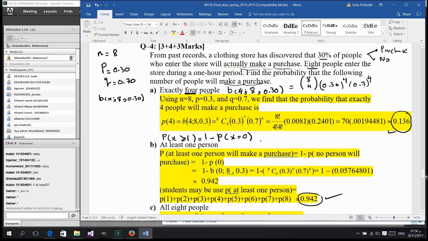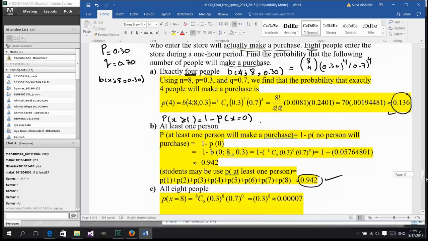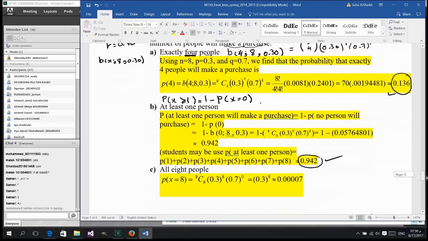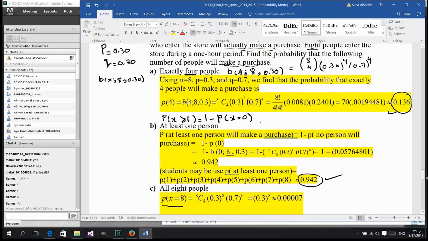This is chapter 5, the binomial, chapter 5. All 8 people, I'm talking about probability of x equals 8, meaning binomial of 8 and 0.3, right? So this is the result that you will get out of that.